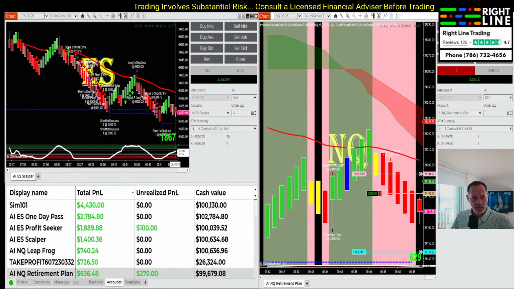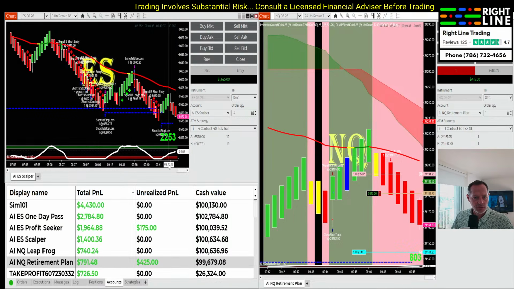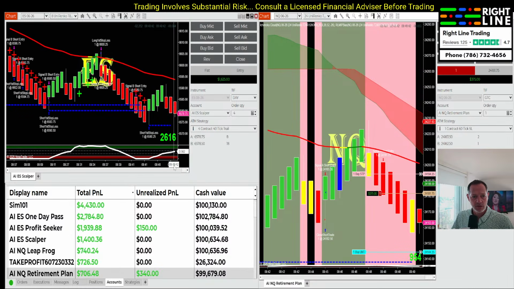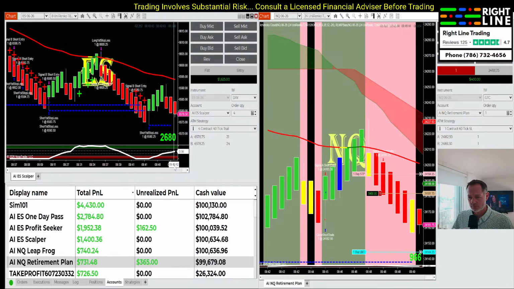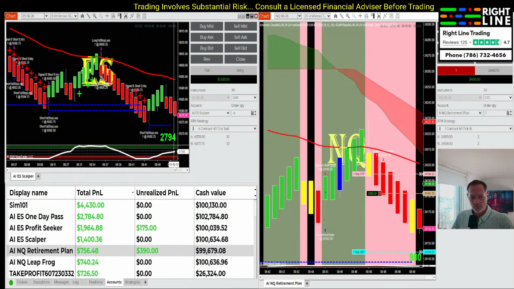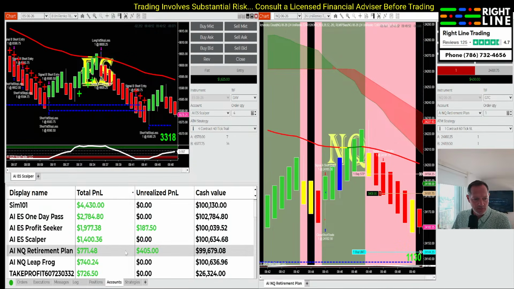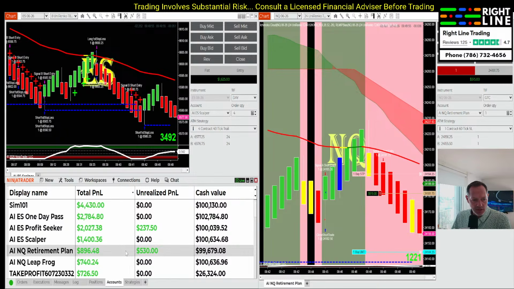I think I'll set the ES scalper up on the account that I have. Looks like a possible pivot break coming up maybe here. Looking at the retirement plan over on the right, it's up about 800 here today.